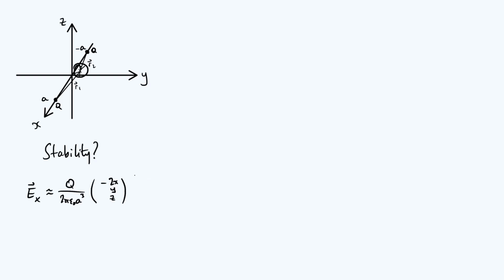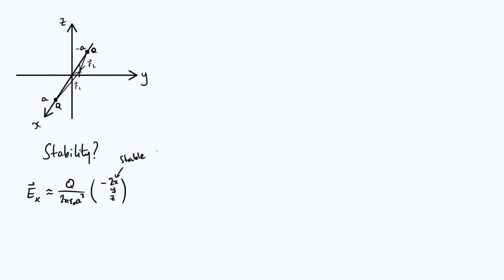And so you can see that just looking at this bit here, when x is positive, the x component is negative, and therefore if you pull your like charged particle a little bit purely along the x-axis, it's going to be pulled back to where it started because the force is in the opposite direction to the displacement.